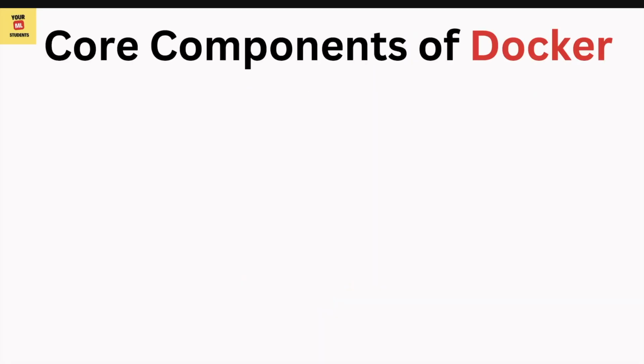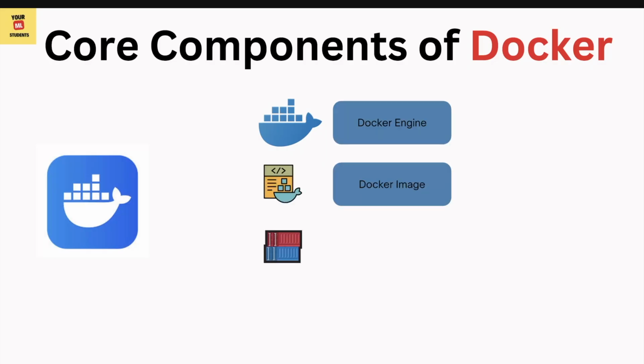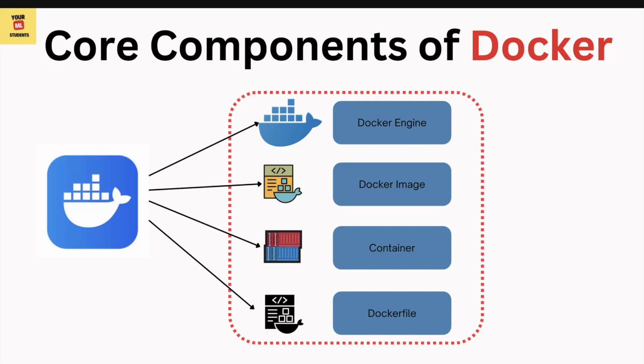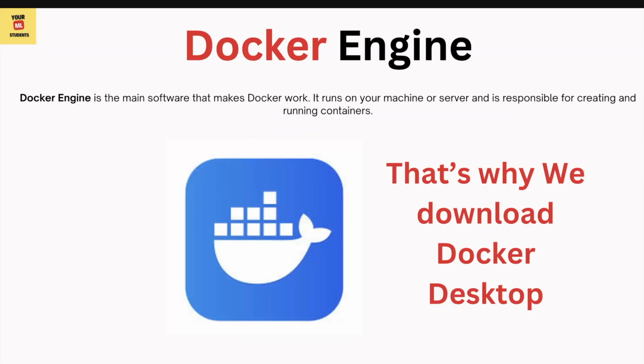Okay, so now let us understand core components of Docker. Docker has Docker engine, Docker image, Docker container, Dockerfile. We will understand each of them in detail further. So what is Docker engine? Docker engine is the main software that makes Docker work.